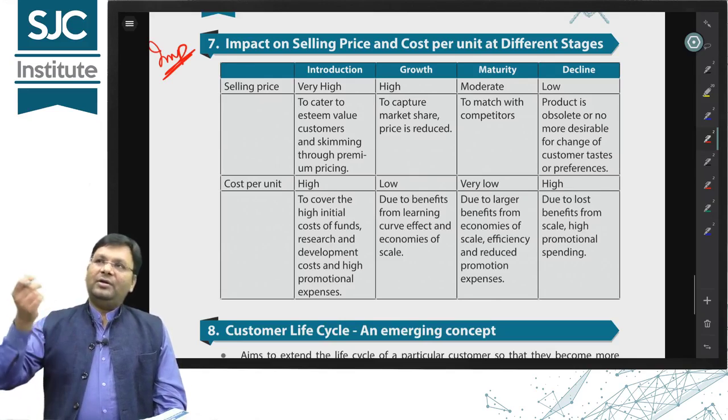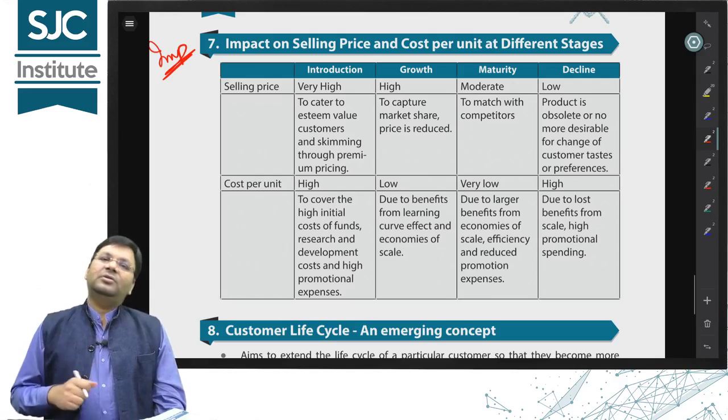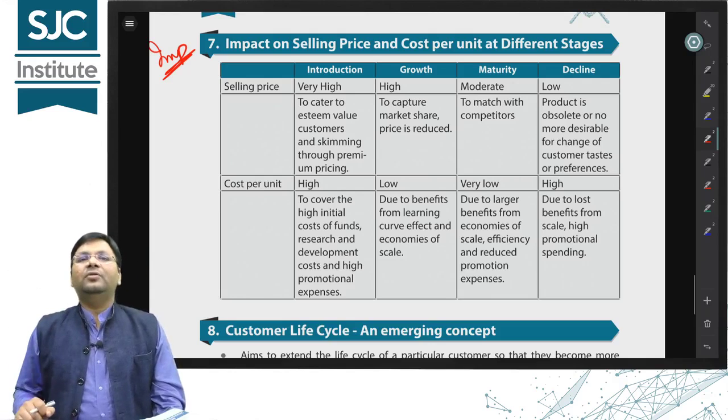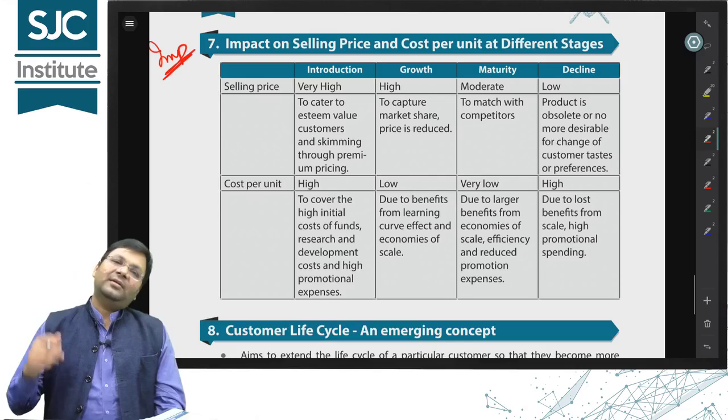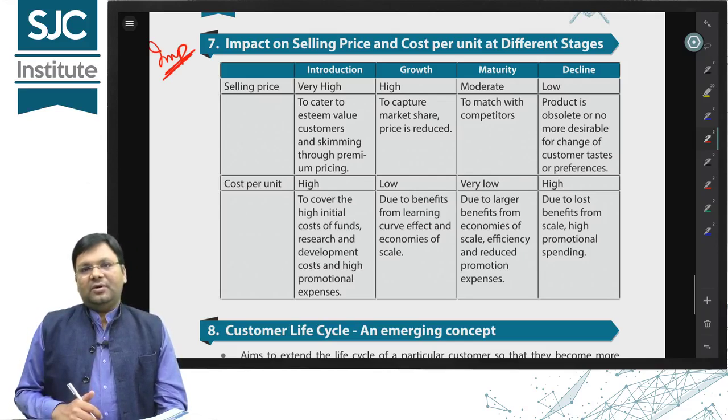So how do we get to know that we are going into growth phase? The moment we decrease the price, we are into growth. The moment we further decrease, we are into maturity. The moment we are bringing it to the lowest possible price, we are in decline. Okay. Next comes cost per unit.